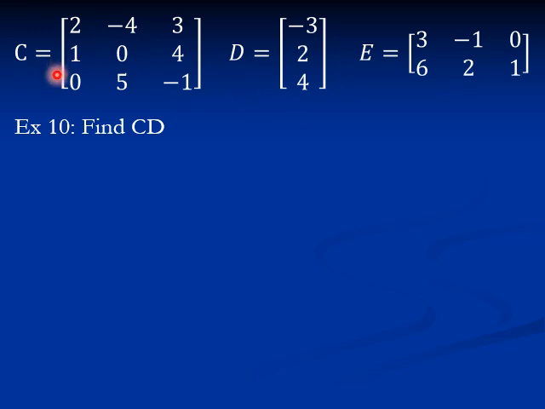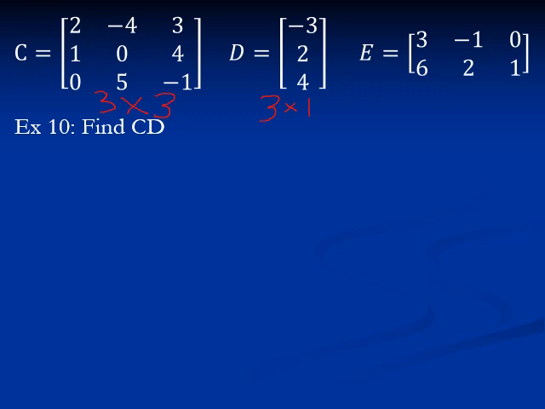Also, think about what size matrix this is. This is a 3 by 3, and this is 3 rows by 1 column.